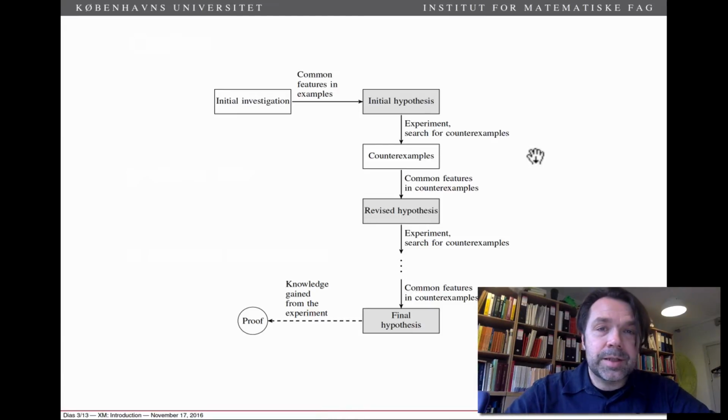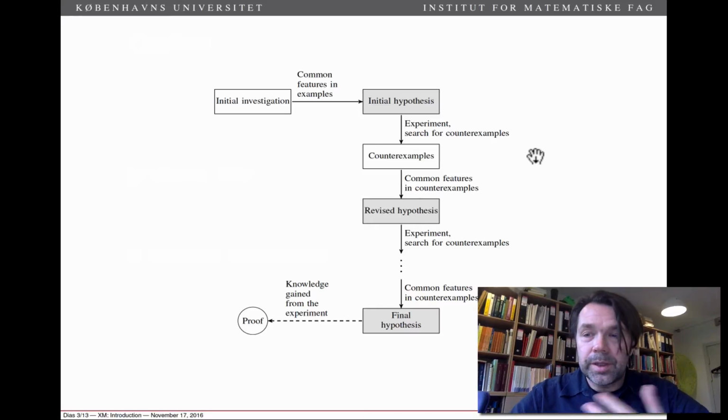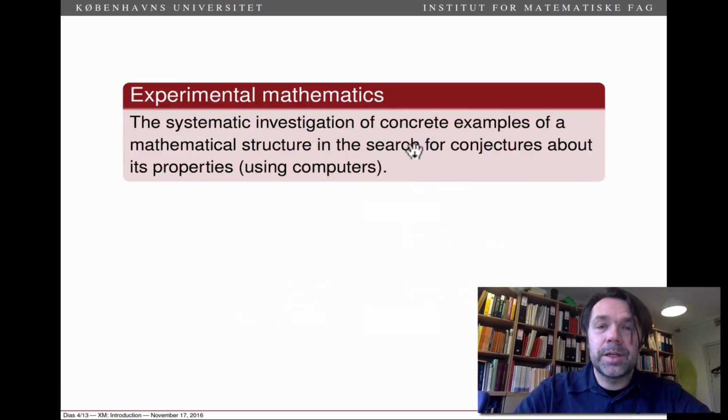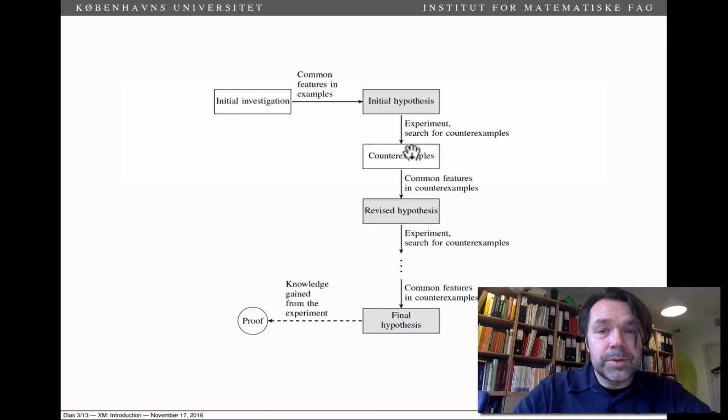I have some objects that I'm interested in understanding, and then just from staring at them or guessing, I will come up with some hypothesis saying that these will all have this property or something like that. Then I will make an experiment to see if I can confirm this hypothesis or falsify it. And of course, if my experiment turns out to be successful in the sense that it comes up with a counterexample, then clearly I need to revise my hypothesis.